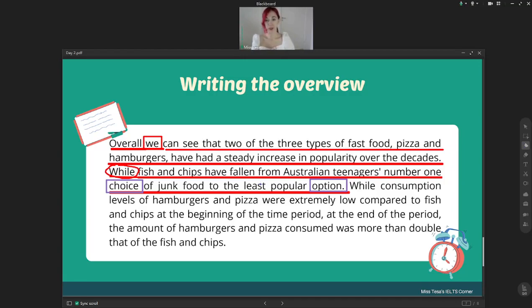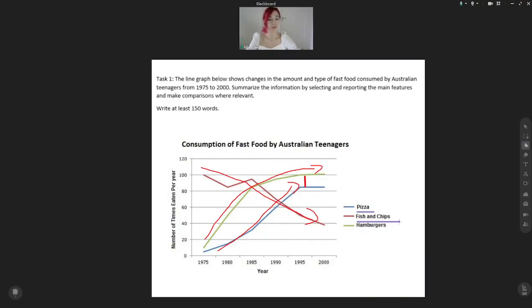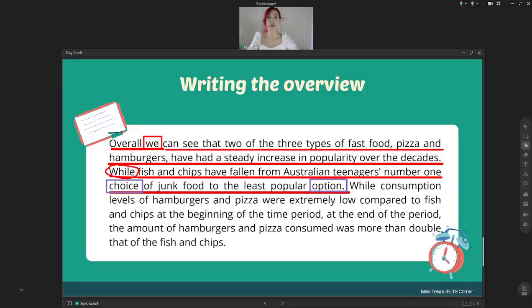It's okay to repeat words like, in this case, pizza, fish and chips, and hamburgers, because these are constants in our chart, right? I can't really give them any other name. I mean, sure, I can say maybe the Italian round food, but that just doesn't make sense, right? Nobody says Italian round food to talk about pizza. So just be careful with not repeating your words too often.